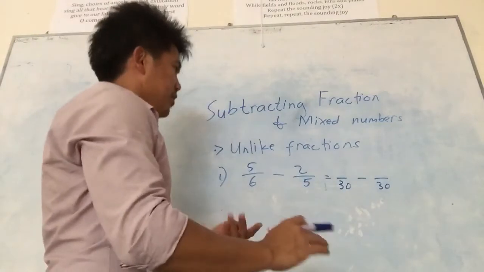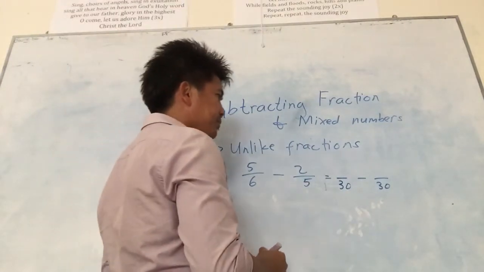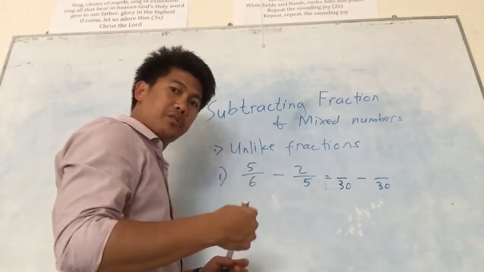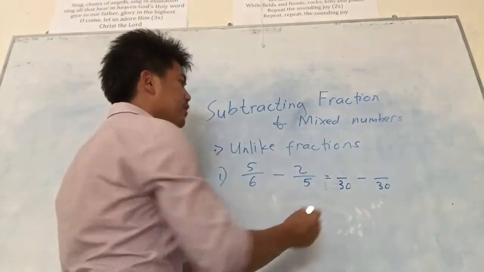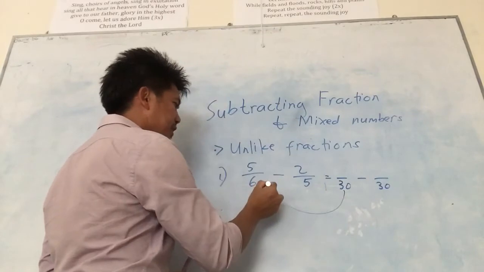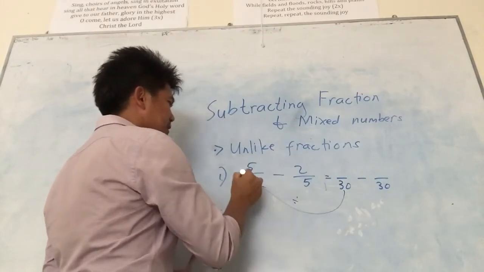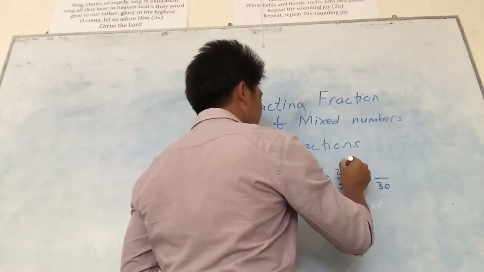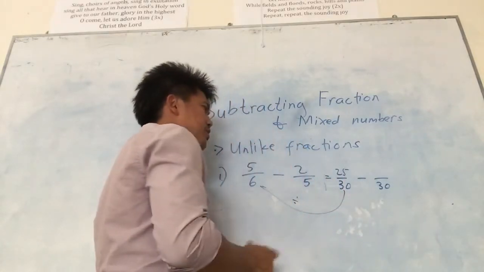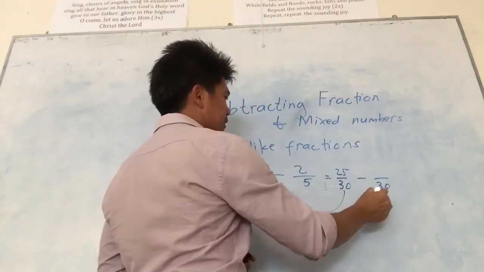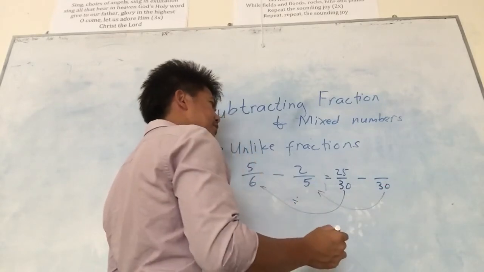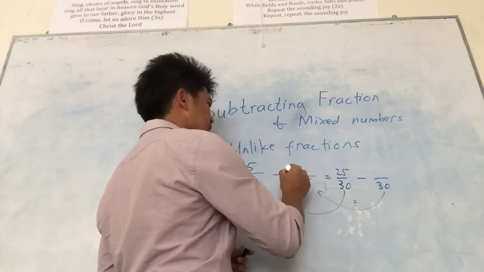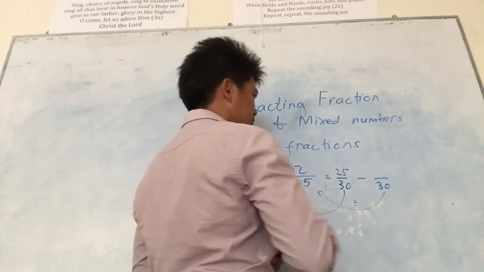Okay, so now after that, like what you did with the addition, divide this. 30 divided by 6 is 5. Okay, 5 times 5 is 25. Doing the other fraction, same. 30 divided by 5 is 6. 6 times 2, that's 12.